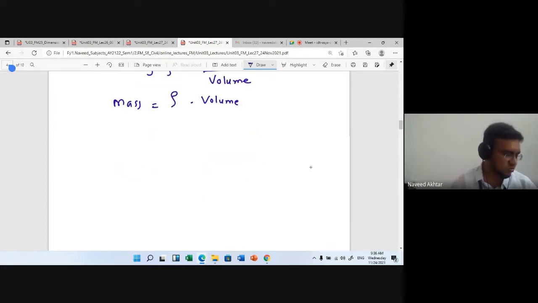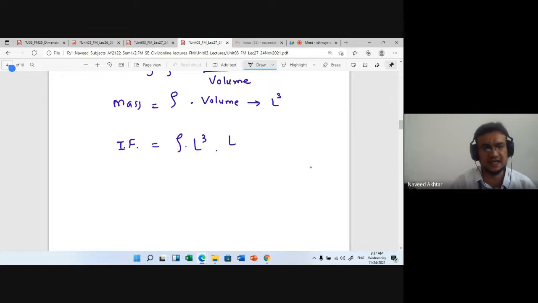So inertia force is equal to mass into acceleration, that is rho into volume, and volume in dimension is written as L cube. So rho L cube into acceleration, which is L upon t square.